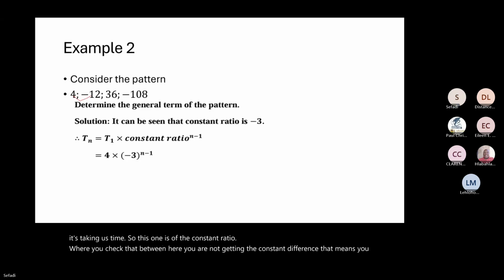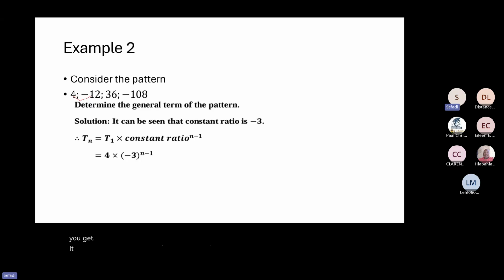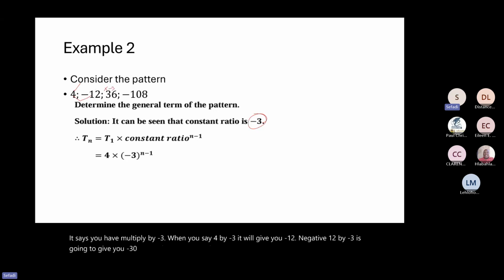It says you have multiplied by -3. When you say 4 by negative 3, it will give you negative 12. Negative 12 by negative 3 is going to give you negative 36. So your constant ratio is going to be negative 3.